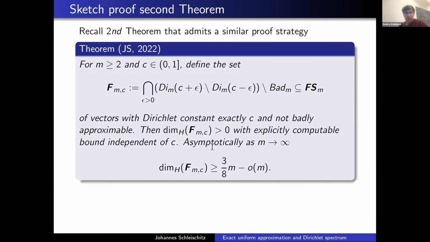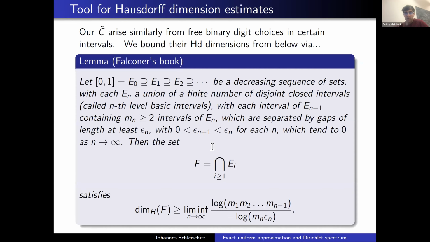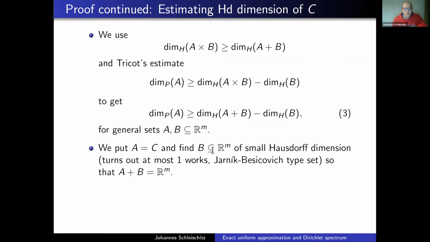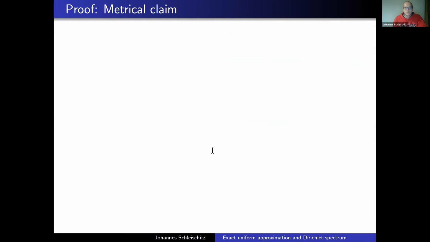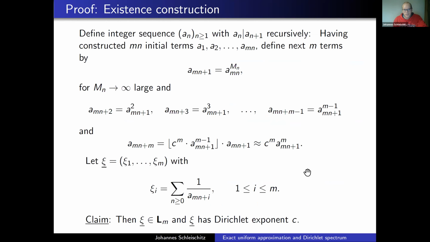Where do I have it? Yes, I think this slide you're talking about. Right, so Dirichlet exponent c. So can you explain briefly why? You said it's a long story, but maybe you can give some idea?